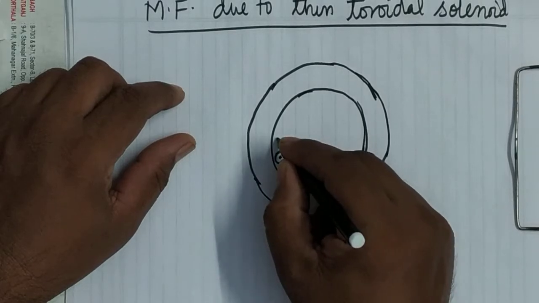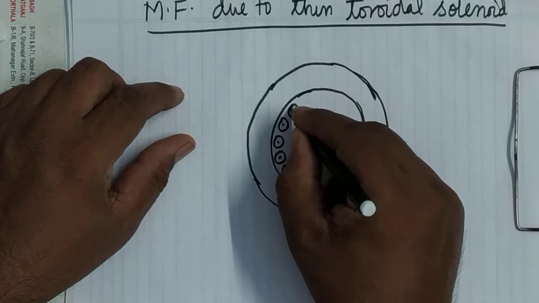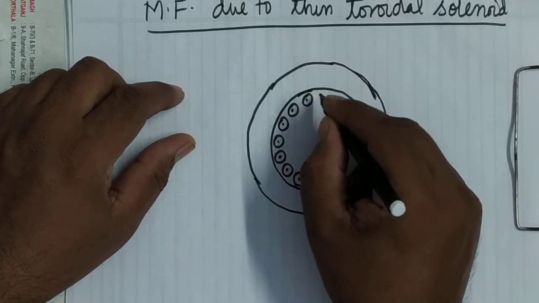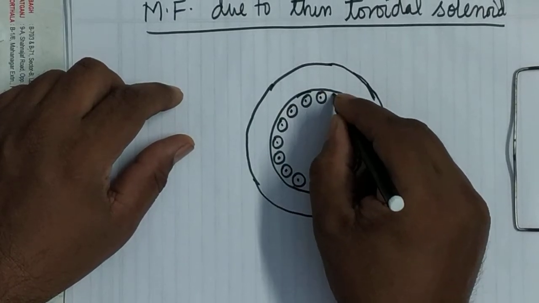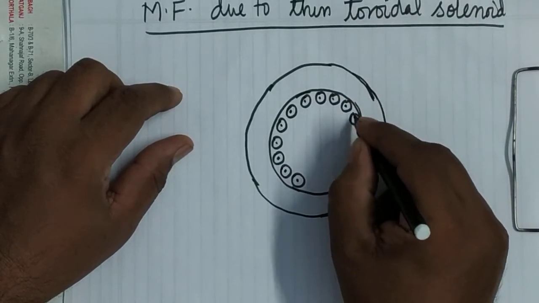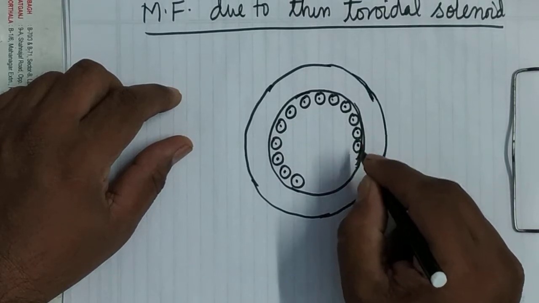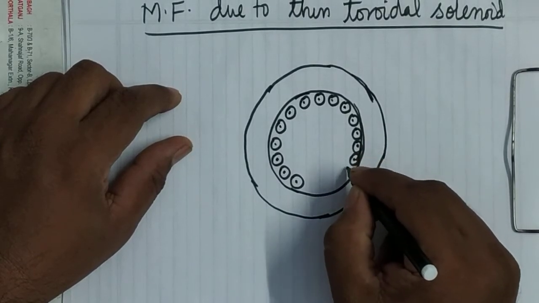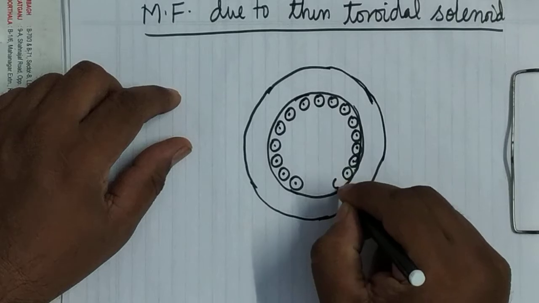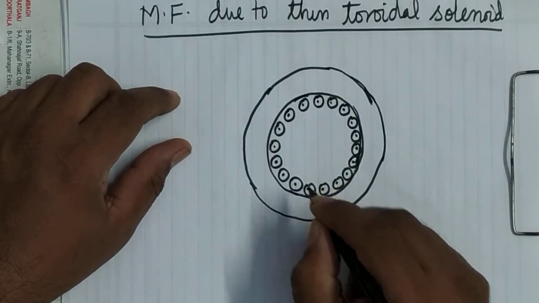I have made it like this. In the inner side, the turns are carrying the current perpendicular to the plane of paper upward, while in the outer side it will be perpendicular to the plane of paper downward. There will be an equal number of turns in both sides.